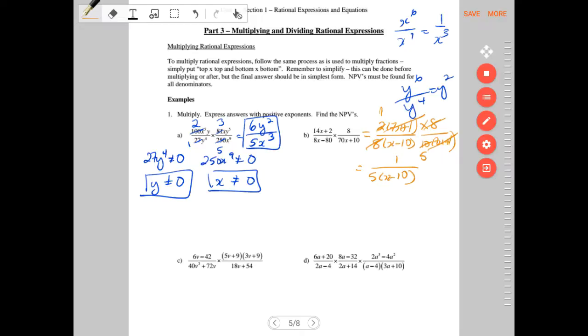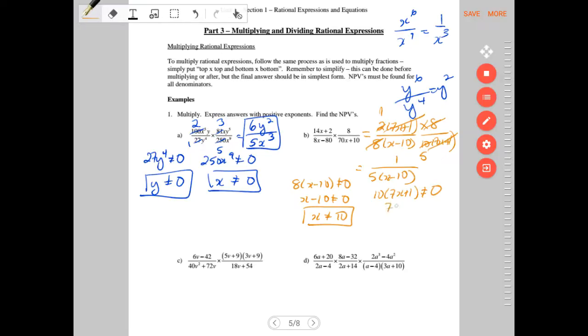NPVs. 8 times x minus 10 can't be 0. Divide by 8, x minus 10 can't be 0. Add 10, x cannot equal 10. So there's one NPV. We also have 10 times 7x plus 1 cannot be 0.